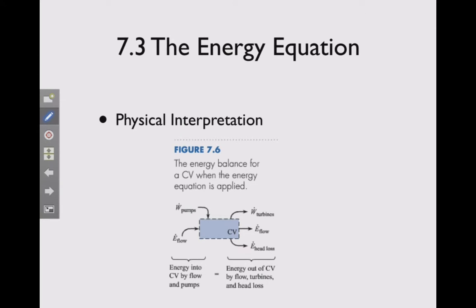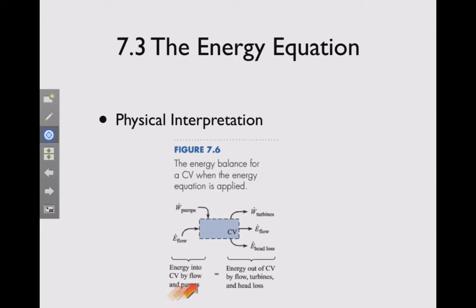So the physical interpretation is that we are looking at the energy balance over a control volume. The control volume is going to have its own energy, and we're going to have energy into the control volume that can be put in by the flow itself, energy flowing in the form of kinetic and potential energy, or a change in internal energy for that matter.